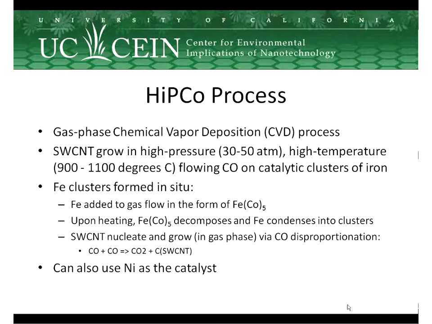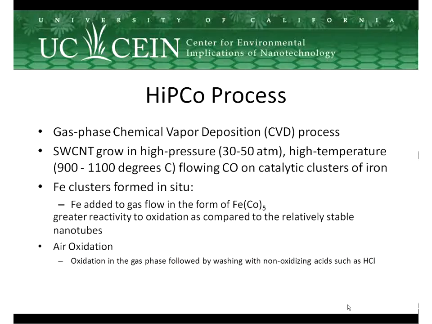The iron is added to the gas, so it goes into the gas phase, and first it decomposes and then makes the condensation points for the formation of the carbon nanotubes. And so as you start adding that, you get carbon monoxide plus carbon monoxide forming carbon dioxide and the single wall carbon nanotubes. Sometimes they also use nickel as a catalyst, so it can be iron or nickel. And that will explain why we get some of the impurities, again, in the materials that we have.